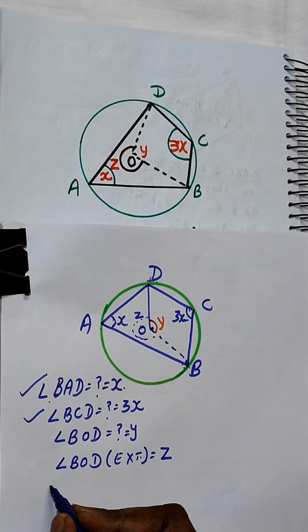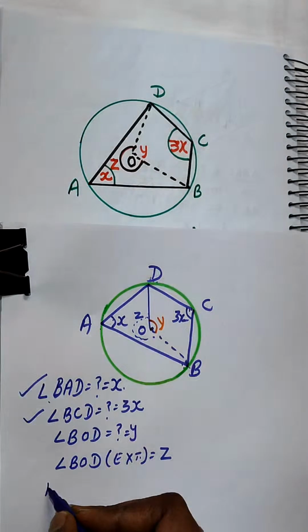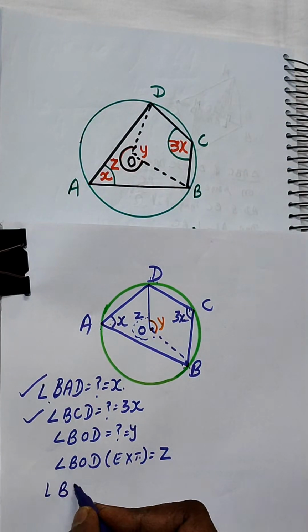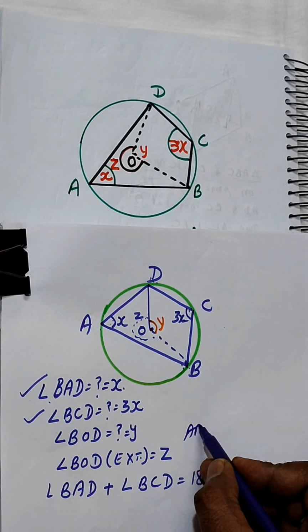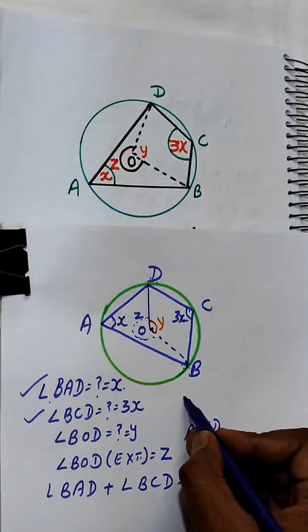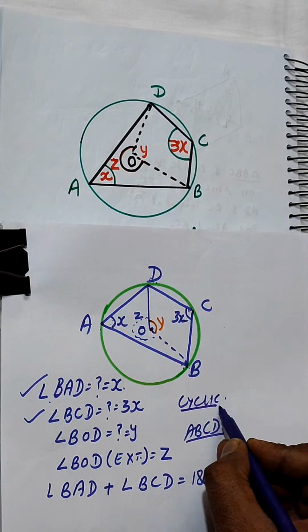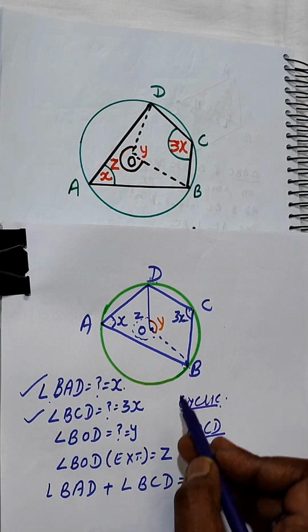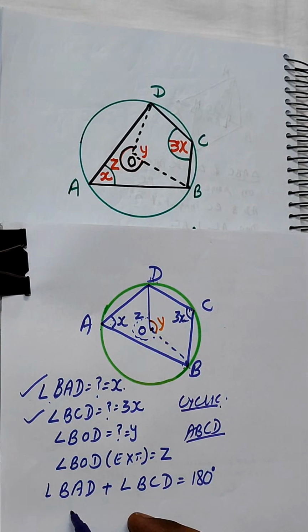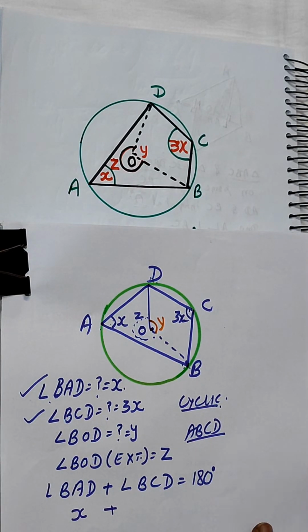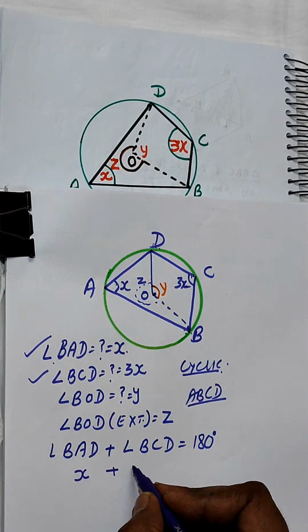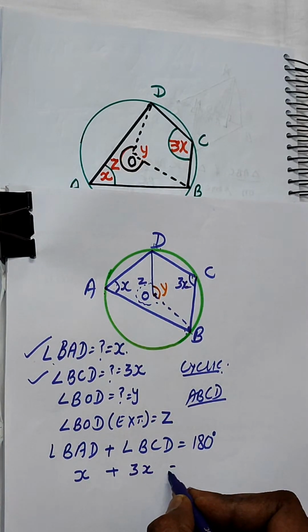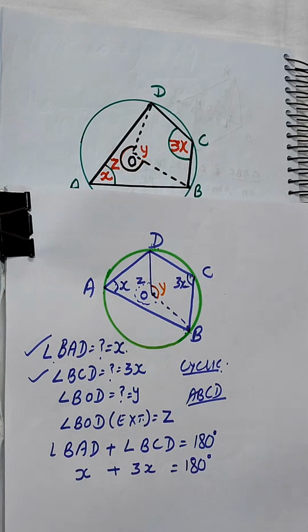So by the property of cyclic quadrilateral, we can say that angle BAD plus angle BCD equals 180 degrees, because ABCD is a cyclic quadrilateral. The value of angle BAD is x, and the value of BCD is 3x. So x plus 3x is equal to 180 degrees.